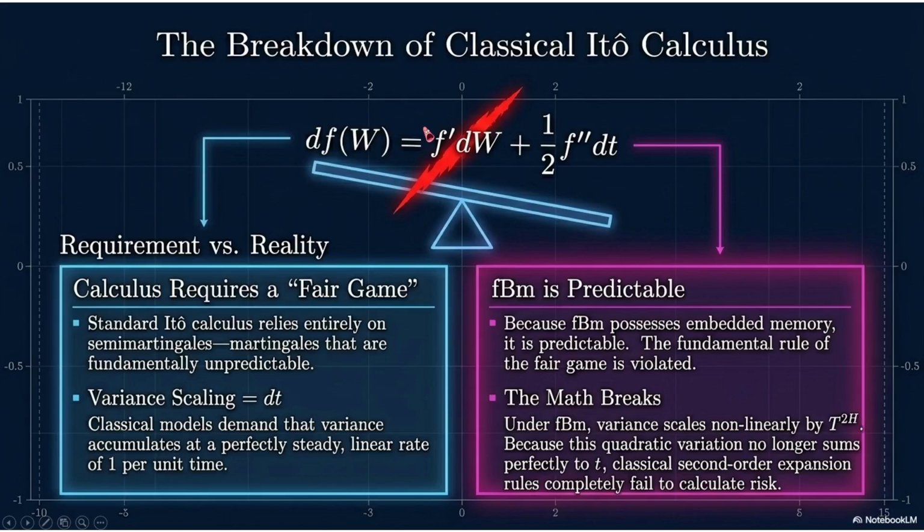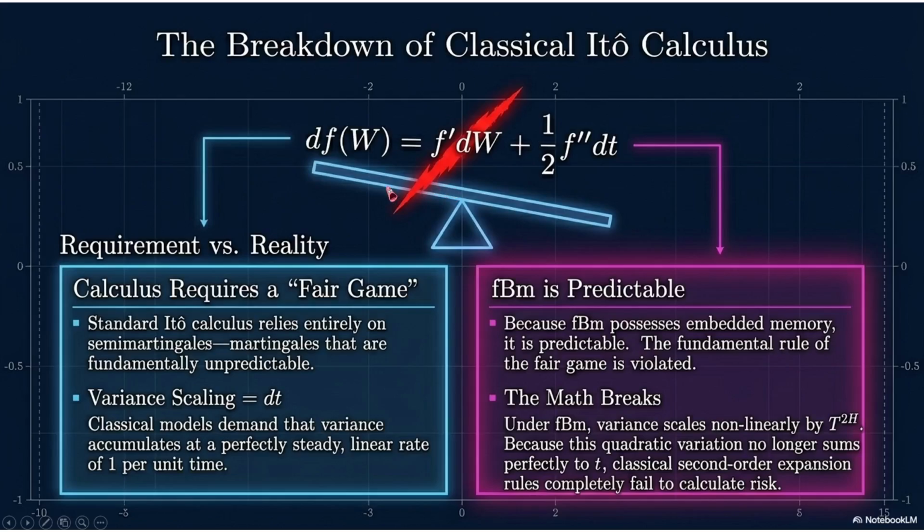It relies entirely on semimartingales, which are processes that are fundamentally unpredictable. But as we just learned, fractional Brownian motion has embedded memory, making it predictable and instantly violating this fundamental rule.